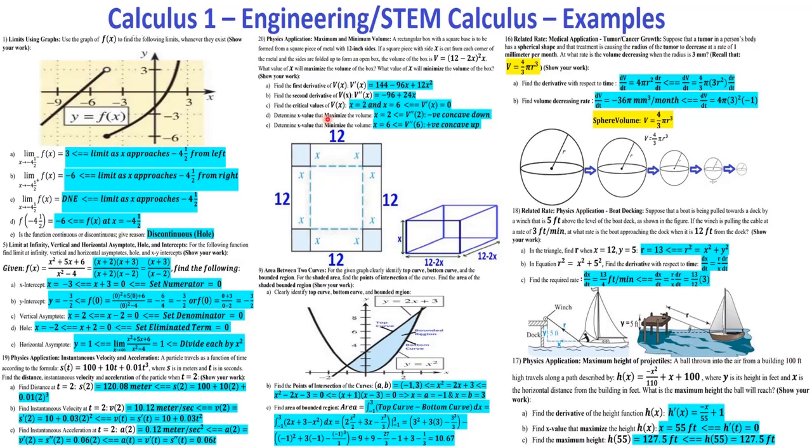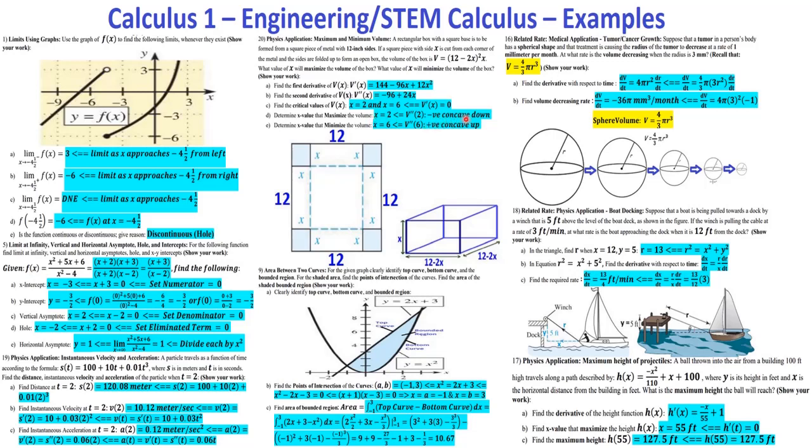Then one of them will give you the maximum volume, and the other one will give you the minimum volume. The way to find which one is max and which is min is to evaluate 2 and 6 in the second derivative. So v double prime of 2 gives you a negative value.